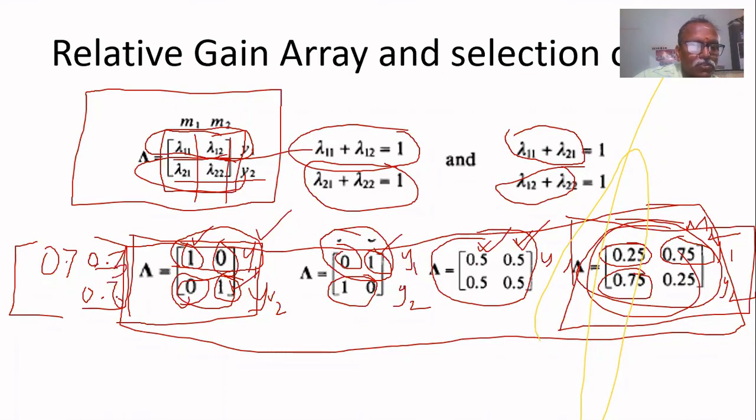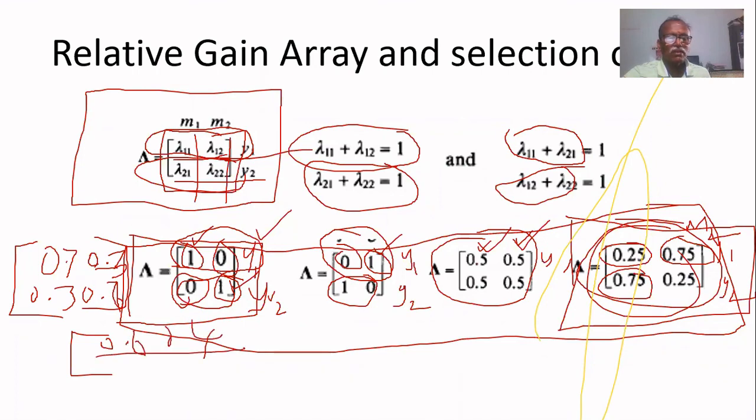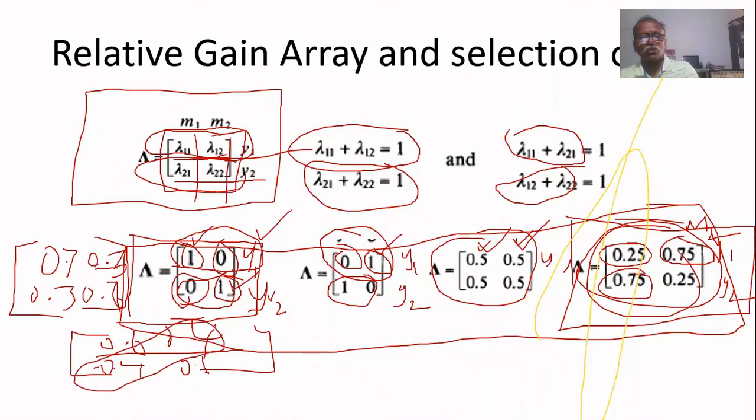Definitely this must also be 0.3, and this 0.7. Suppose you get 0.6, and this is 0.4, then you get 1. Definitely this must be 0.6 and this also 0.6. So from the relative gain array, we can get the other two elements without conducting that experiment. Only 2 experiments are sufficient to find the other 2 elements.